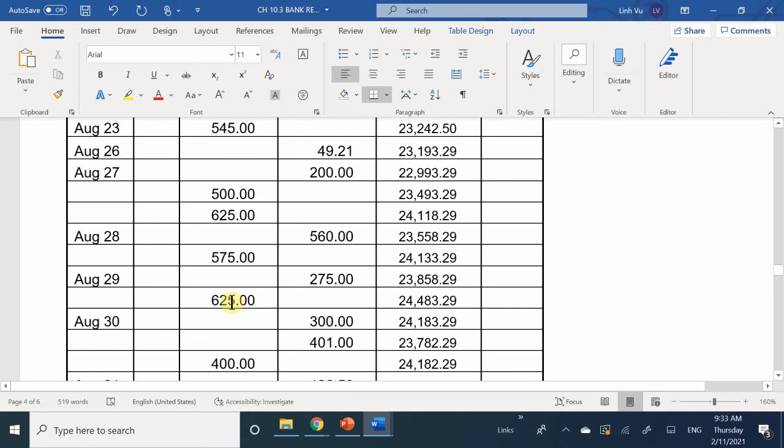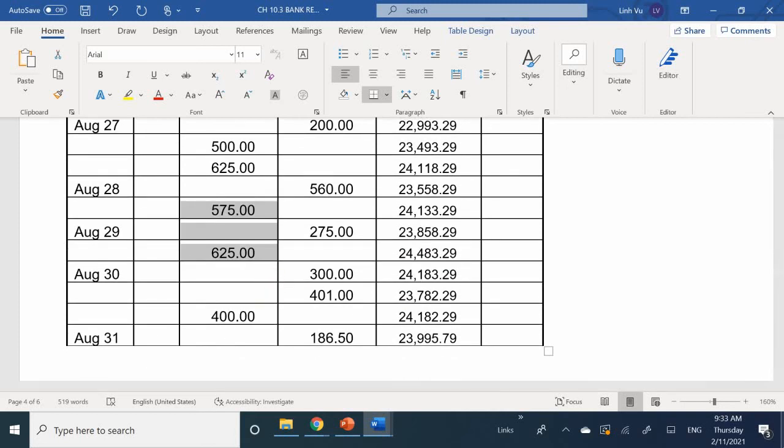No. We missed this right here. Because in my recording, I only have my last recording or deposit for the $400, which is right here. So that means I have cash on hand. Now, does the bank know that?